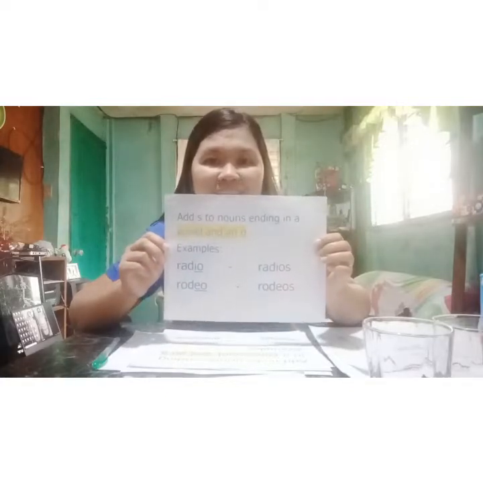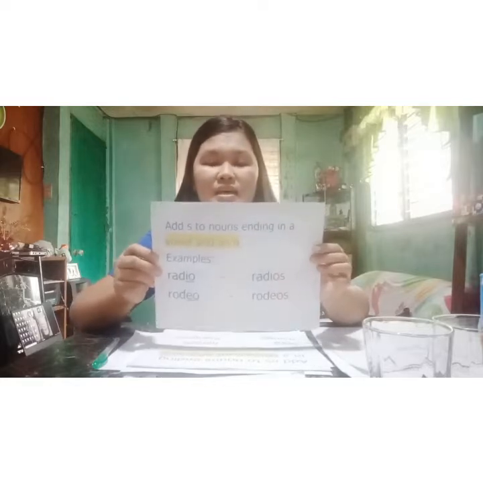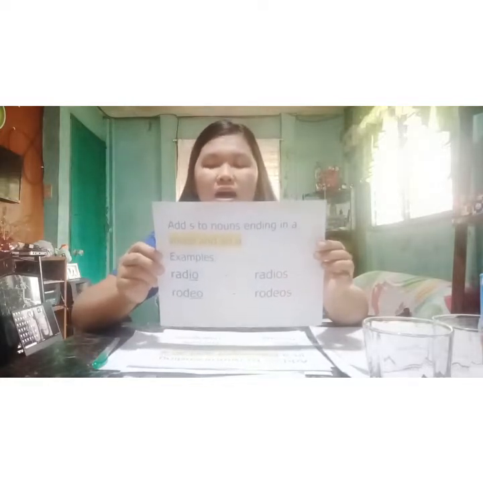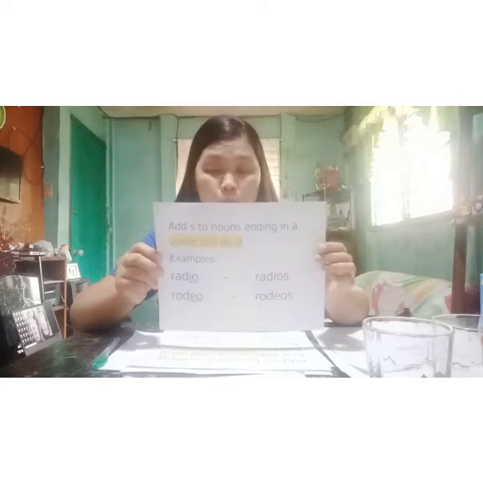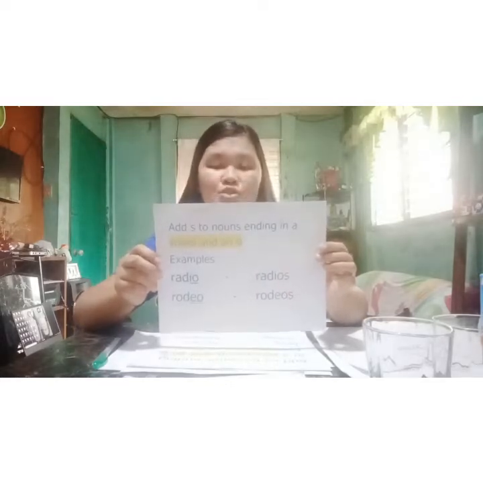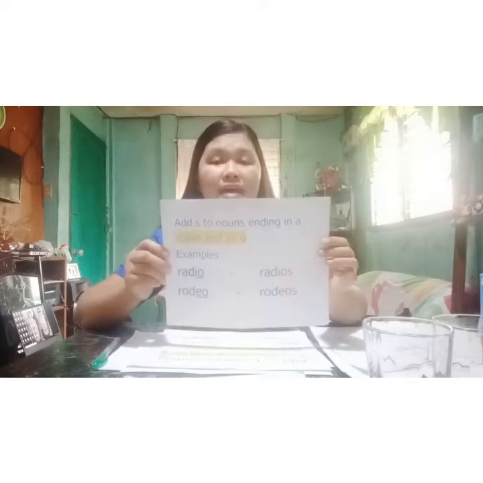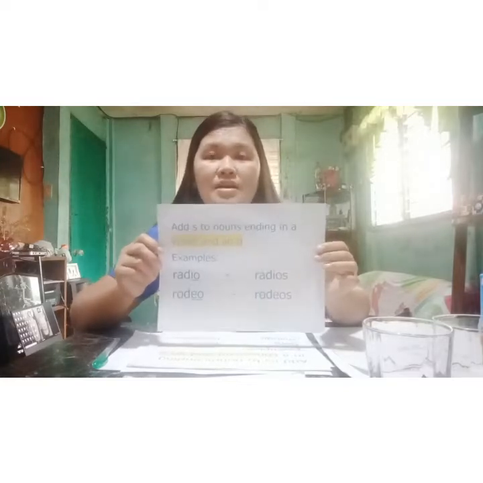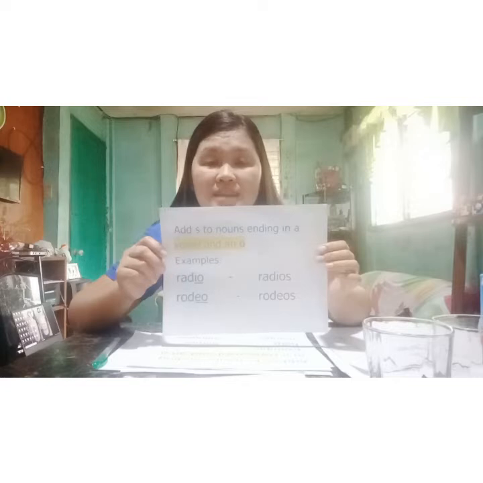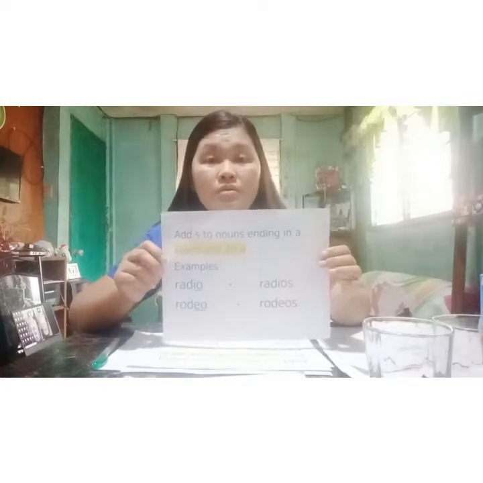Another way of forming the plural is to add s to nouns ending in a vowel and an o. Add s to nouns ending in a vowel and an o. Let's review our English alphabet. There are 26 letters in the English alphabet. 5 of them are called vowels.